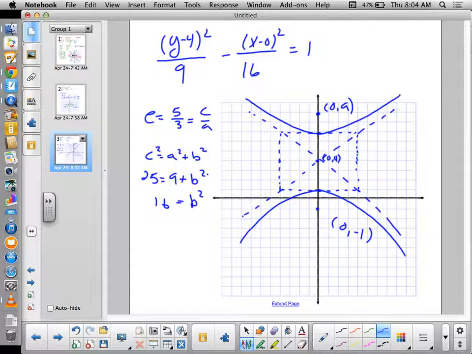This point is (0, 7). This point is (0, 1). We've got the foci already in there. Remember, a common mistake people make when they're graphing hyperbolas is to mix up the vertex and the focal point. They make it go through the focal point instead of coming down all the way to the box. That's actually the vertex.